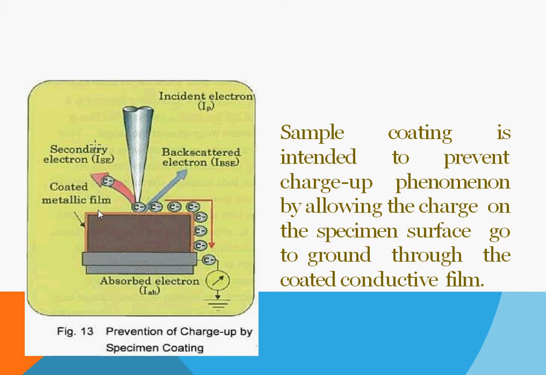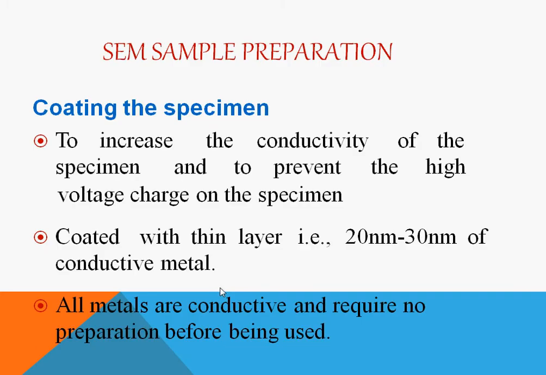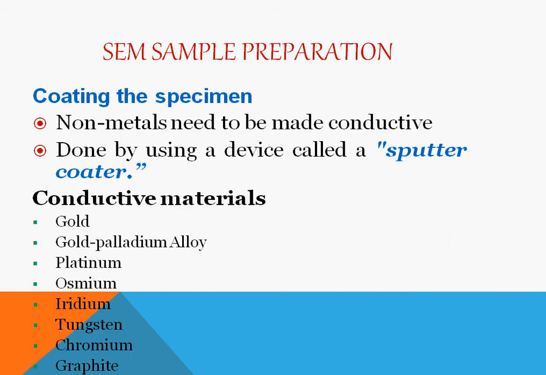Here in this picture, we have a thin coating of around 20 to 30 nanometers, right, which is going to eliminate the charge up phenomenon. See here, the electrons are going to move, and these are connected to the ground. As I said, the thin coating layer can be maintained at 20 to 30 nanometers, right?